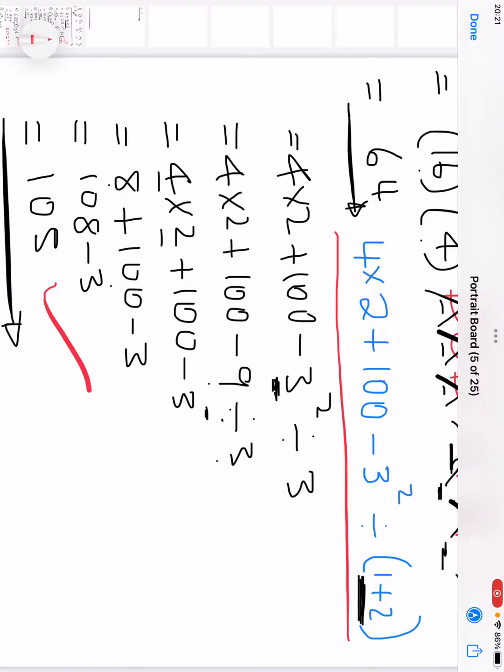If it doesn't, we are going to call 10111. Let's see, 4 times 2 plus 100, where we minus 3 squared divided by, in the brackets, 1 plus 2. I feel like I need to pray first here.